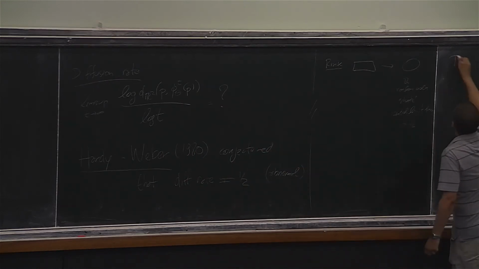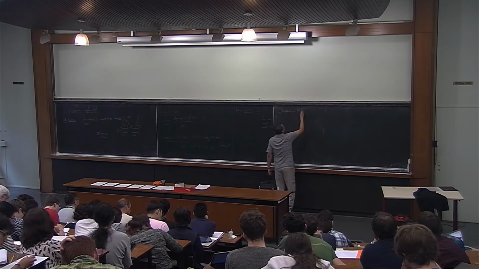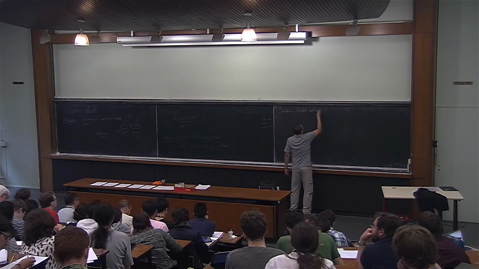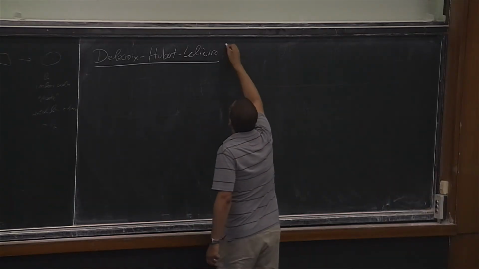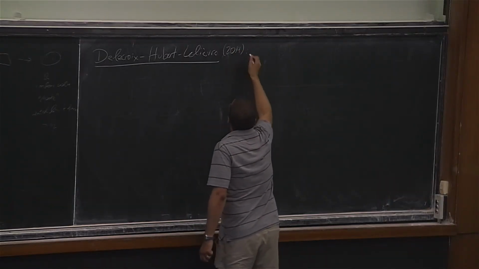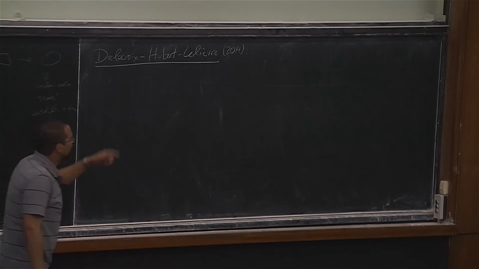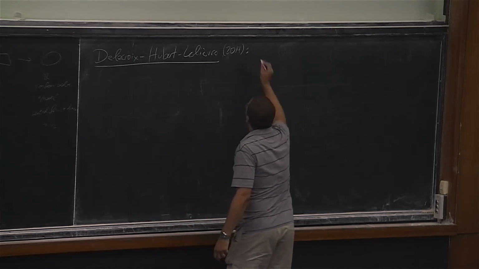So there is a beautiful work by Vincent Lecroix, Hubert, and Lelièvre. And if you want to play a prank with Vincent and Samuel, you can ask about this during Sage days rather than how to program in Sage.